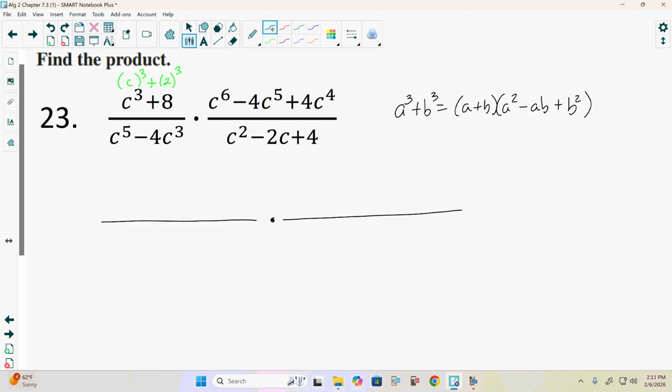So we can do this pattern, a plus b, so it'd be c plus 2, times a squared. Well, a is c, telling us that we get c squared, minus a times b, so that'd be c and 2, plus b squared, and the value of b is 2. So we get this here, yes?